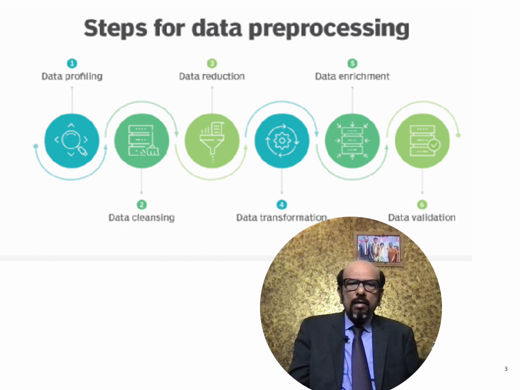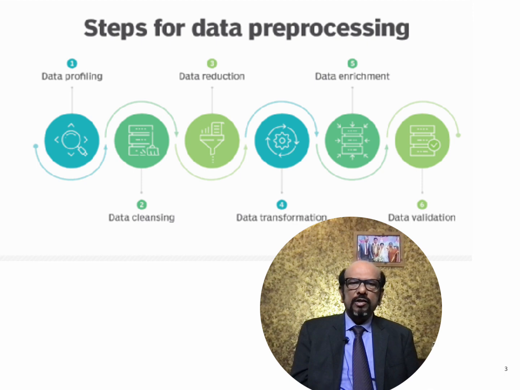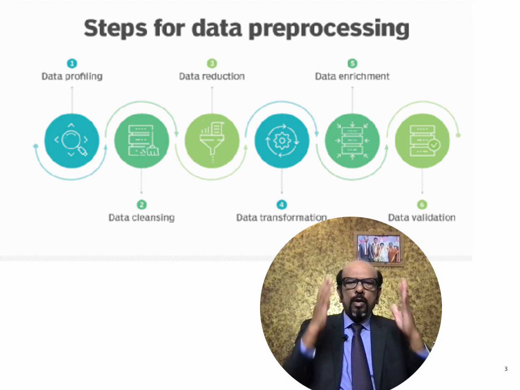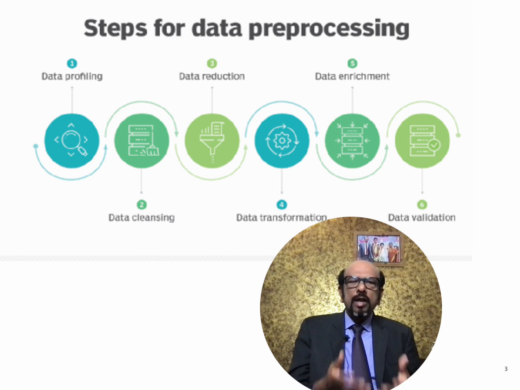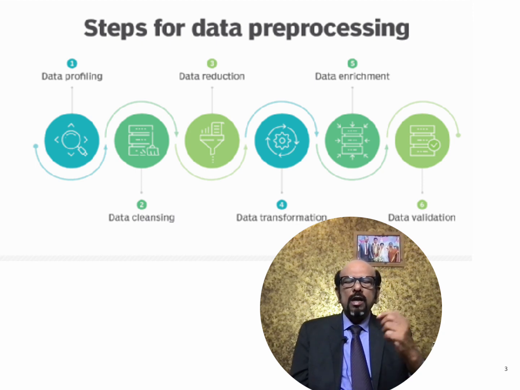For a particular column, if the minimum happens to be 0, what does it mean? There is a mistake. For example, age of the person, if it is 0, then it means that there is a mistake. The blood pressure of a patient, so the minimum happens to be 0. It means there is at least one row with 0 entity. Now you can think of correcting that. So these type of activities.